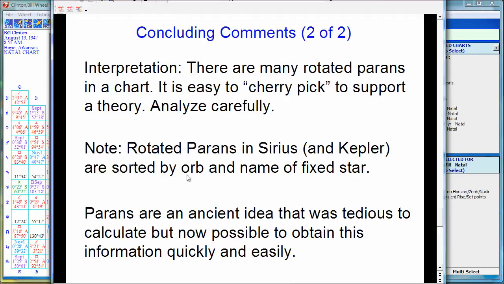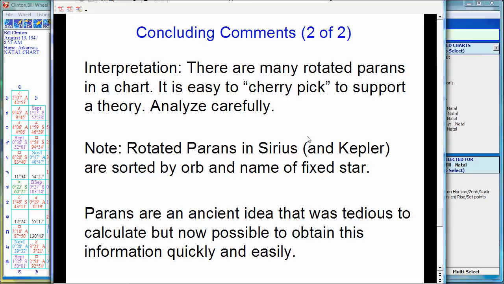Final conclusions. I mentioned this, the rotated Parans in Sirius and in Kepler are sorted by orb and name of star, which is handy. So bottom line, final thing, Parans are an ancient idea. They've evolved and changed. We can select them very quickly and easily now. People who've worked with them a lot, I haven't worked with them intensely myself, but even the little bit I have, I think they seem to work.